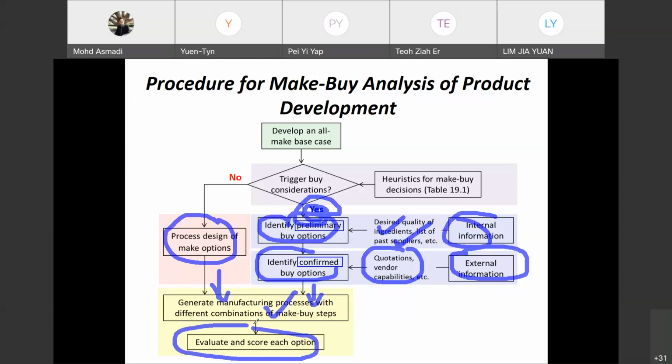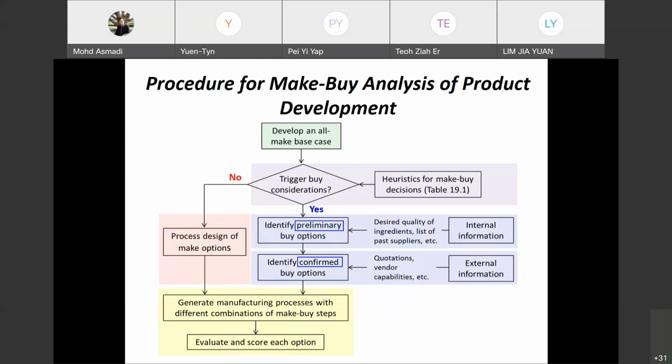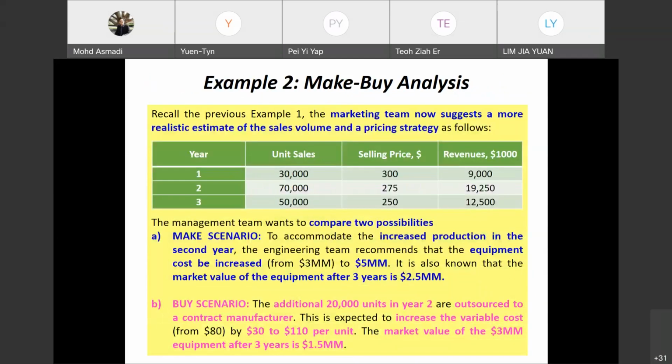We do comparison, and for the example later we compare based on the IRR, but there are other factors also. So we do this in parallel, concurrently. This is the example to make and buy decision.